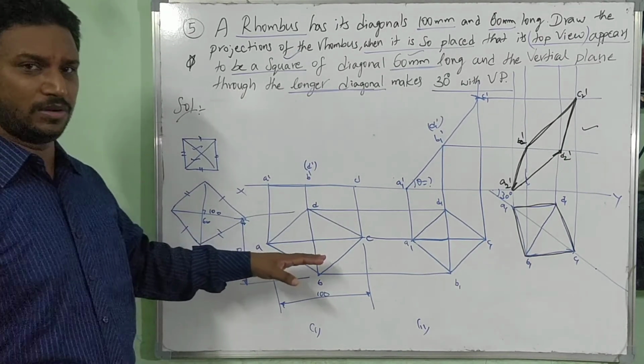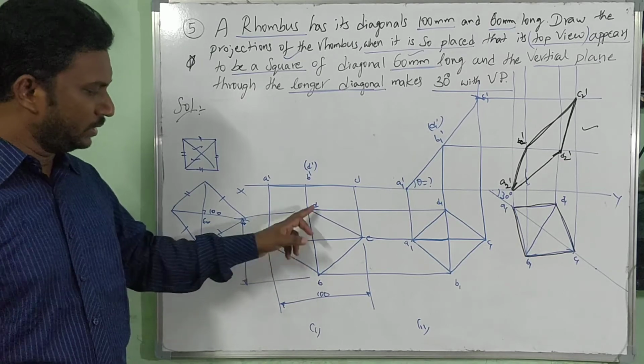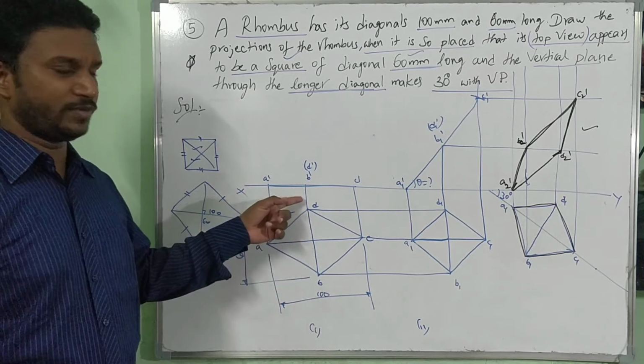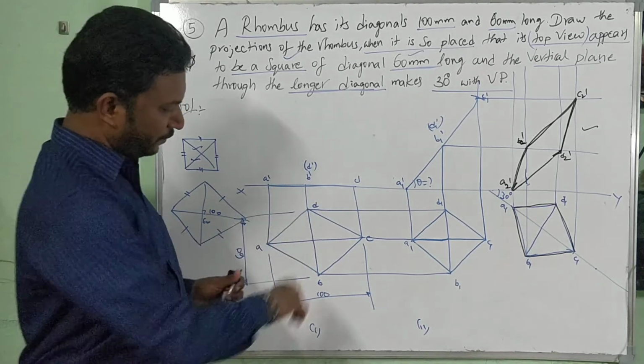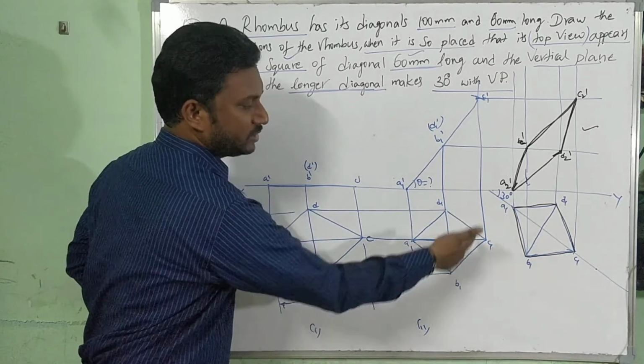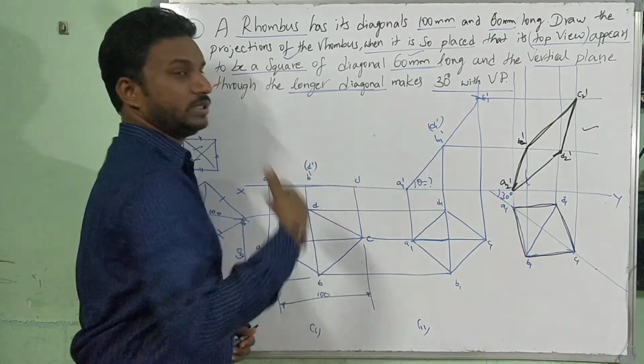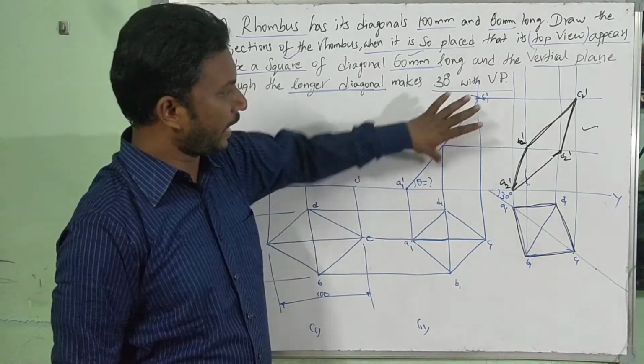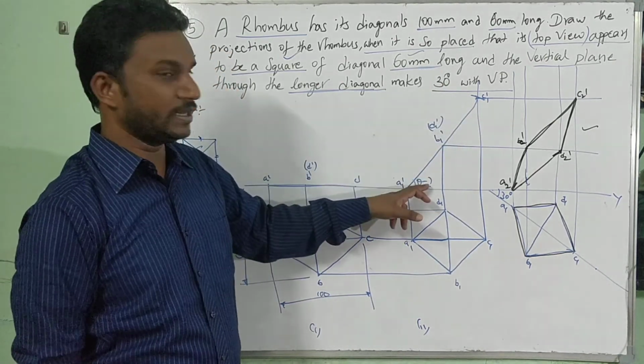Rhombus directly drawing with longer 100, shorter 60, projecting its front view with the help of 60 mm, keeping that here. Now taking the middle and drawing one more 60, constructing a square, projecting its front view with a particular angle of 100 mm cutting, then we will get the angle.